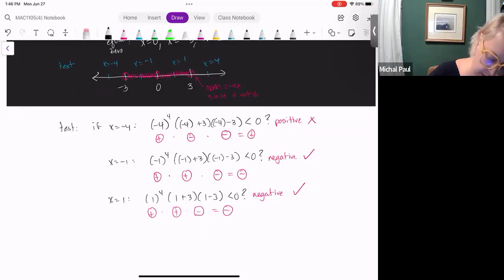And the last number I have to check is x equals 4. Which I can do like this: 4 to the power of 4 times 4 plus 3 times 4 minus 3. And I would get positive times a positive times a positive, which is a positive.